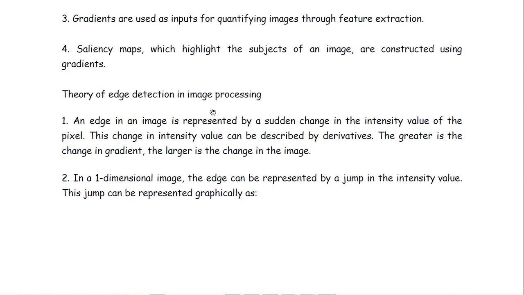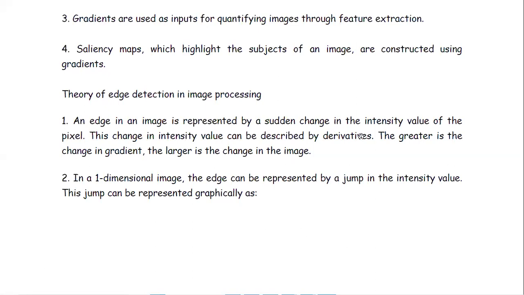So what is an edge? An edge in an image is represented by a sudden change in the intensity value of the pixels. This change in intensity value can be described by derivatives. The greater the change in the gradient, the larger the change in the image. You got it, what is an edge, right? A sudden change in the intensity values.